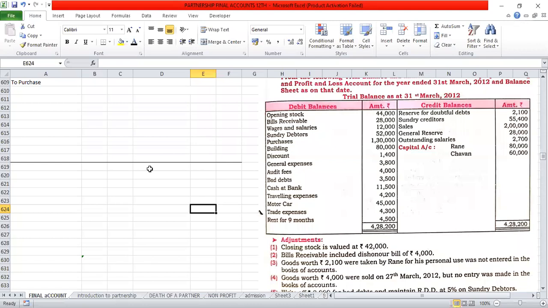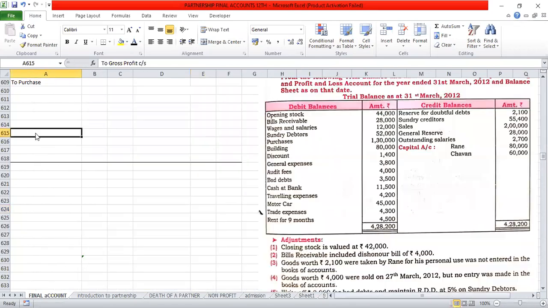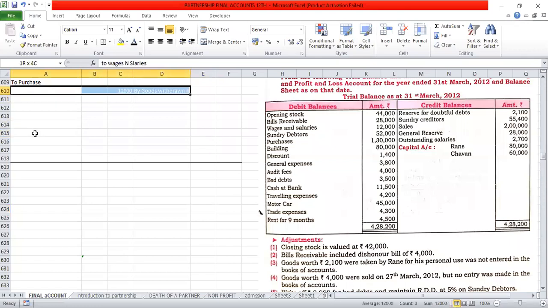Where will you take wages and salaries? Trading account, debit side. Do you have purchase return first? Check out. We don't have purchase return. So we will write the wages and salaries, that is 12,000 rupees.